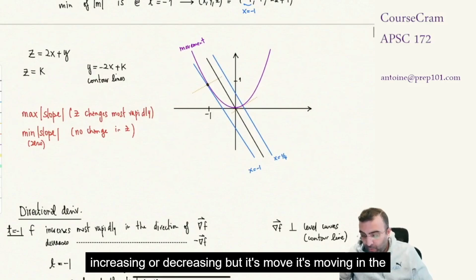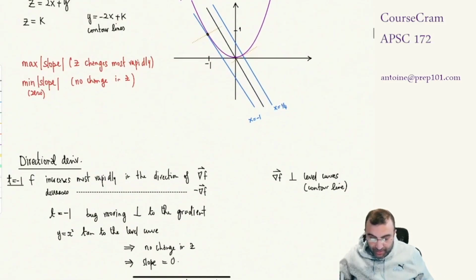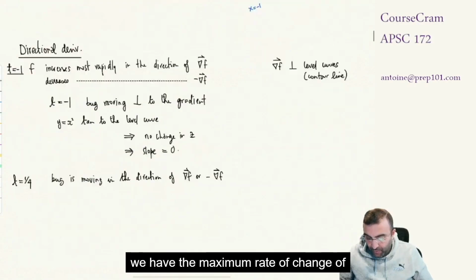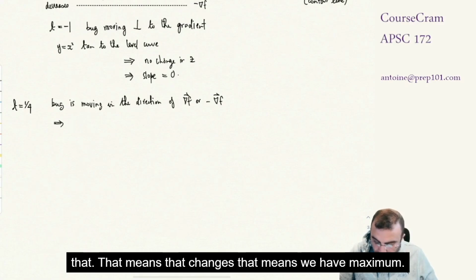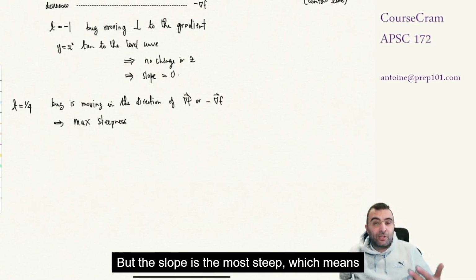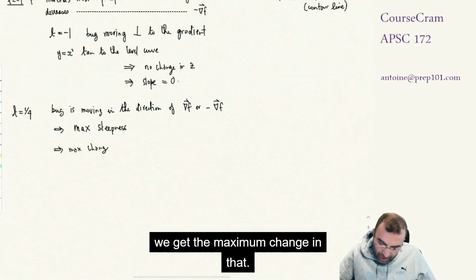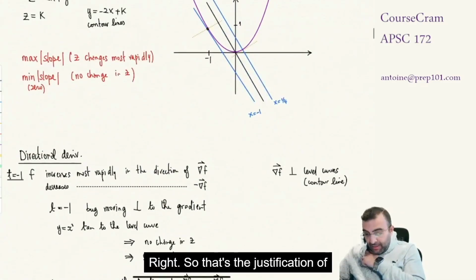We don't know whether it's increasing or decreasing, but it's moving in the direction that's either positive the gradient or minus the gradient, right? And that tells us that we have the maximum rate of change. That means z changes, that means we have maximum steepness. Right, the slope is the most steep, which means we get the maximum change in z. Right, so that's the justification of this.